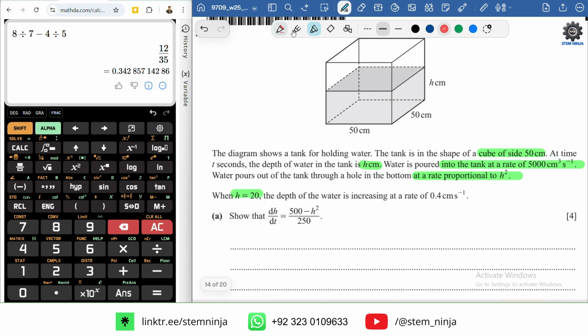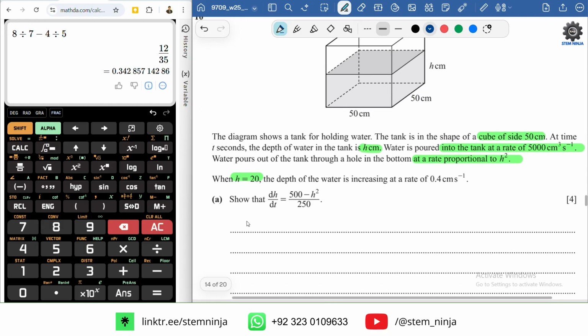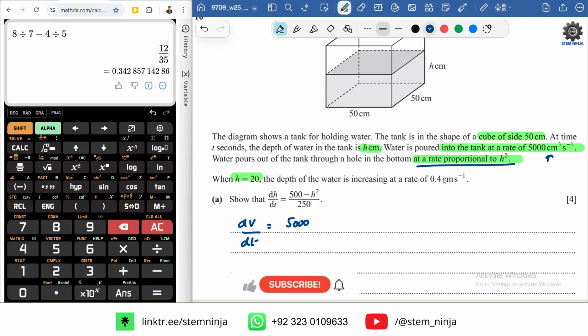So if we write the volume dV over dt, it's been given as plus 5,000, like it's increasing at a rate of this, but it's also decreasing at a rate proportional to this, so minus some k h squared.